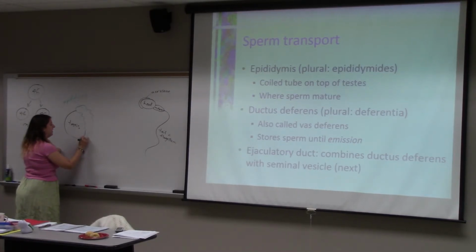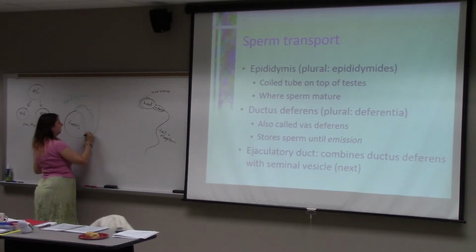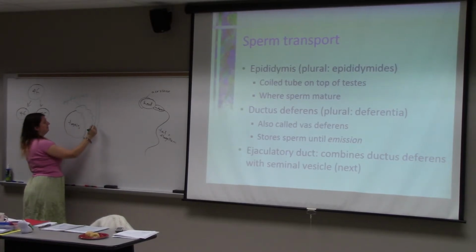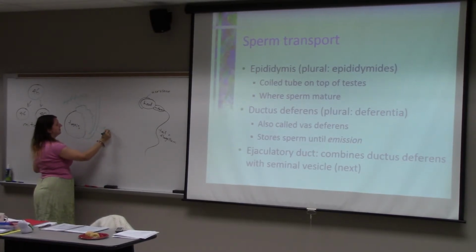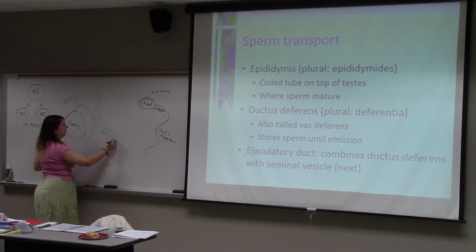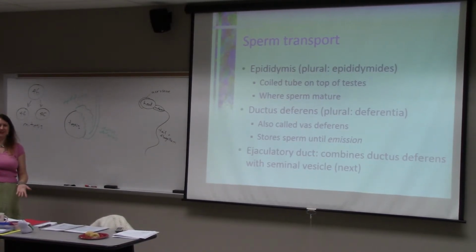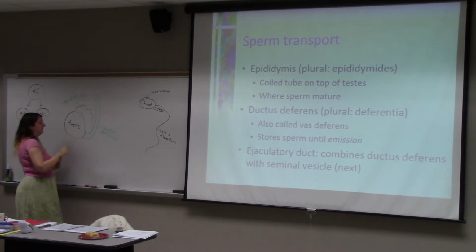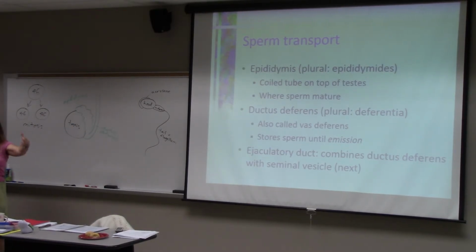And then from the bottom of the epididymis and going up into the pelvic cavity is the ductus deferens, also called the vas deferens, where vas means vessel, ductus means tube. The sperm are stored in here until the complete semen forms right before ejaculation.